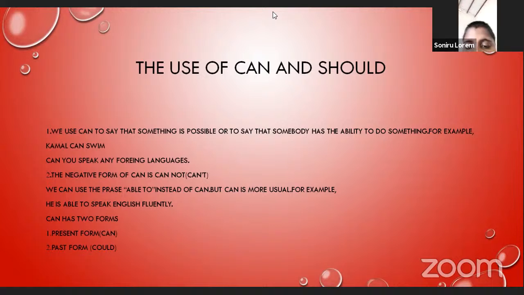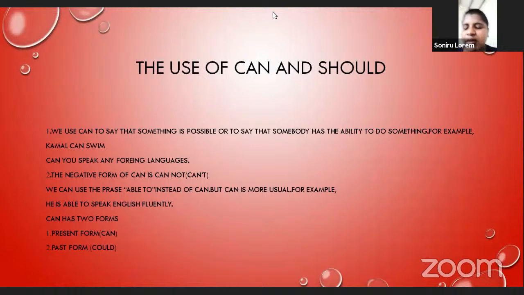The first use is we use can to say that something is possible or to say that somebody has the ability to do something. That means we use the auxiliary verb can to say that somebody has an ability to do something or something is possible to happen.